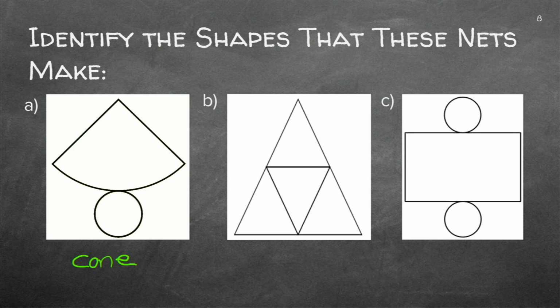So what did we say? It's a triangular pyramid. But I said it's got another name because it's so beautiful, isn't it? All these sections are like the same size. Triangular, it's a tetrahedron, right? And that one, of course, yes, it's a cylinder.